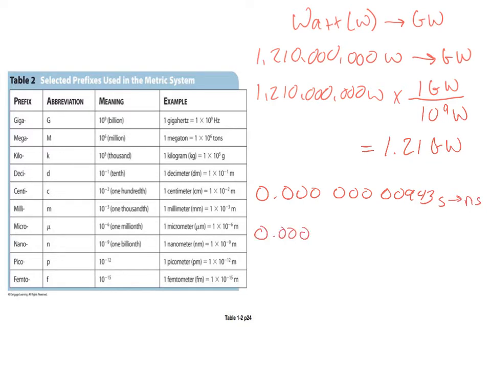So again, we set up our conversion, and we multiply that by our conversion for nano. There are 10 to the 9th nanoseconds in every 1 second. Multiply that through, that gives us a value of 9.43 seconds.